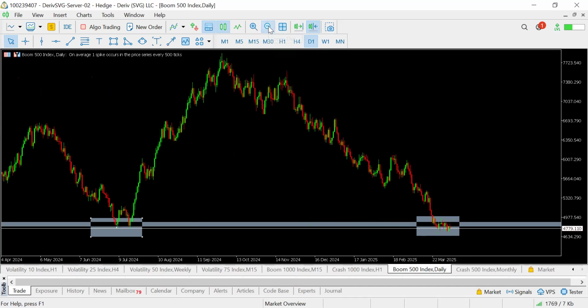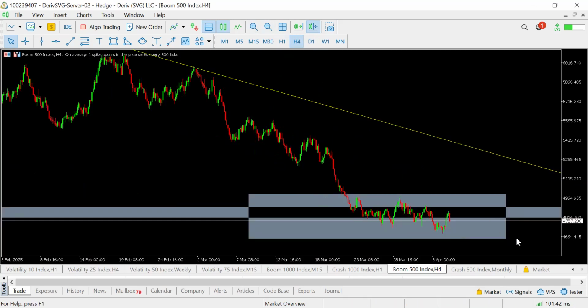But if we were to look at it from here, our direction is still what? In the downtrend. So I'll go now to the H4 time frame.